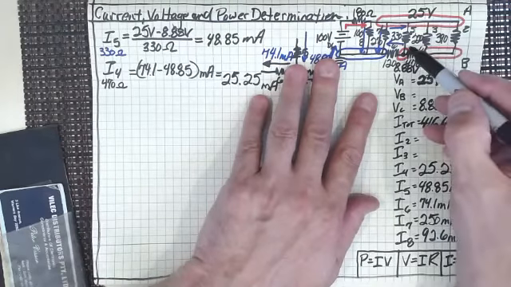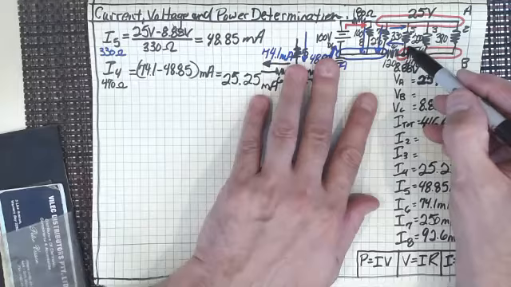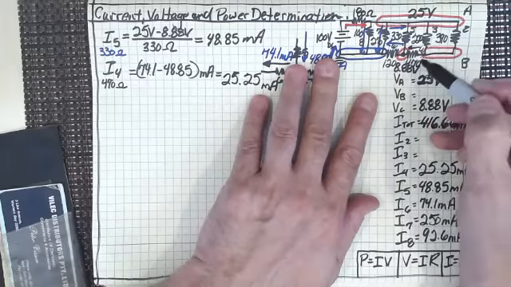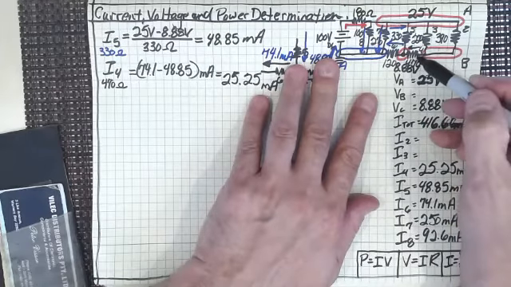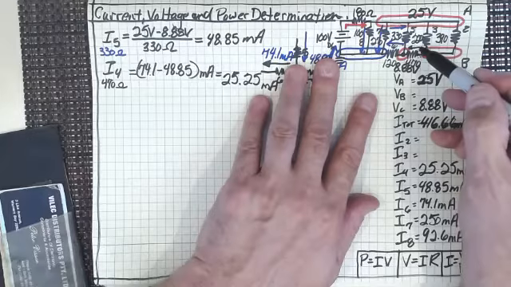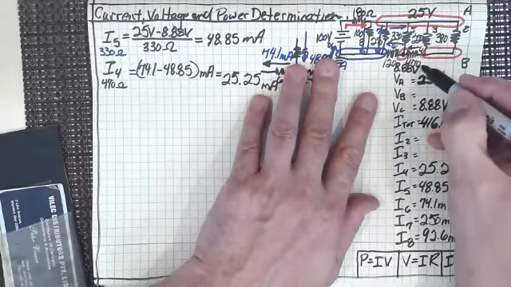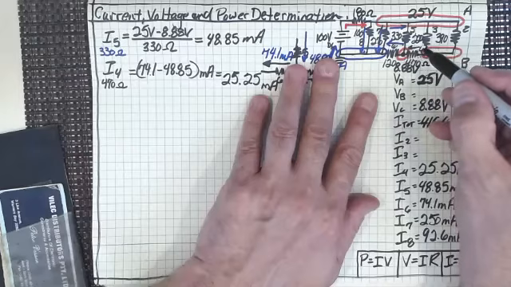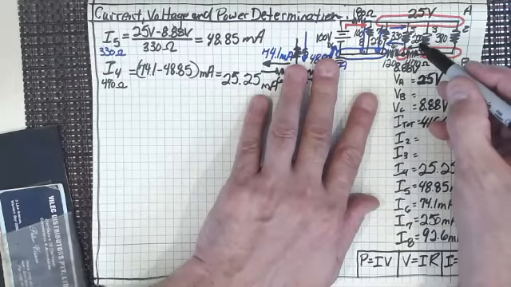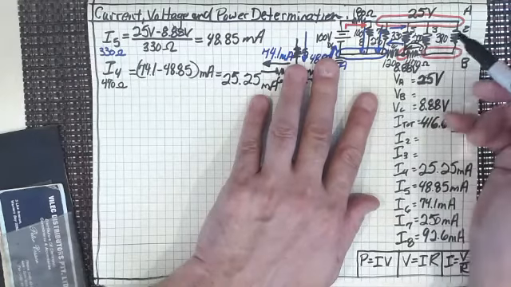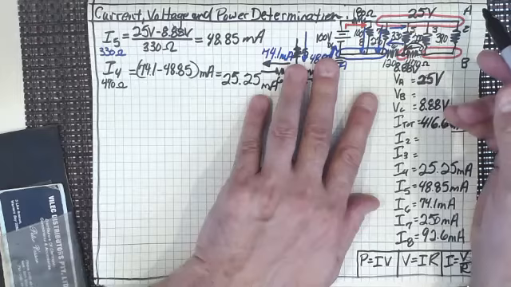Because now I know the amount of current that is flowing back through that R4 resistor. And so if I know the current flowing through the resistor and I know the resistor value, then I should be able to find the voltage drop across there, right? And the voltage drop, of course, would be in this direction because that's the current flow.